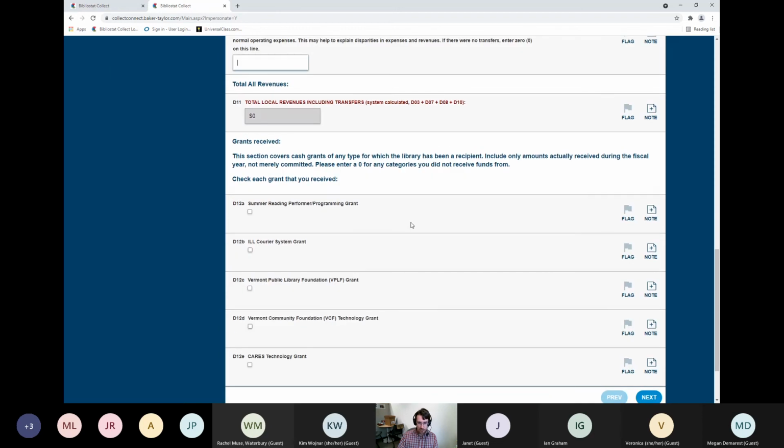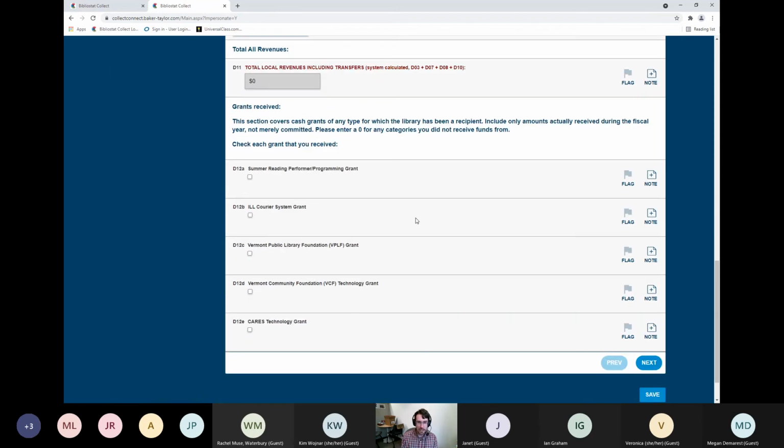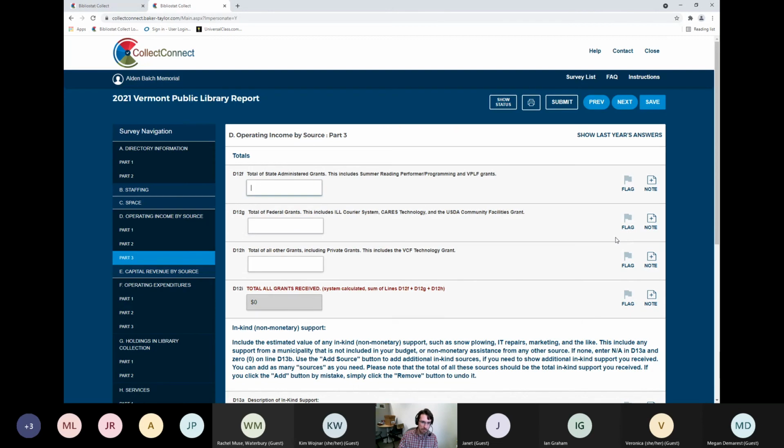Next, grants. We've changed up how we ask about grants. I mentioned this earlier. We used to have a little, tell us how much you got for the summer reading grant. How much did you get for the courier grant? How much did you get for this or the other? And instead, now what we're doing is you just check the ones that you received, and then you give us a total.